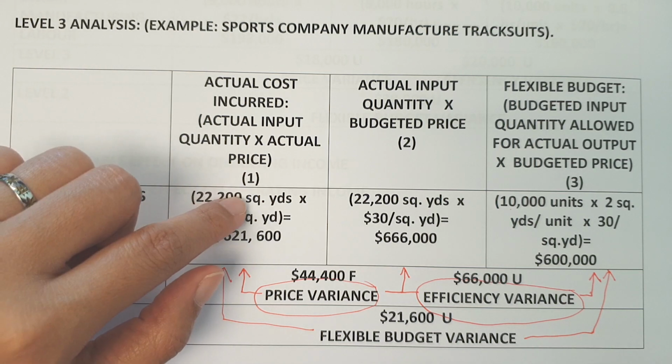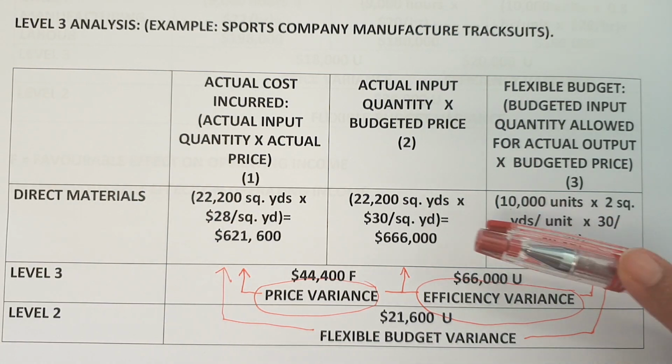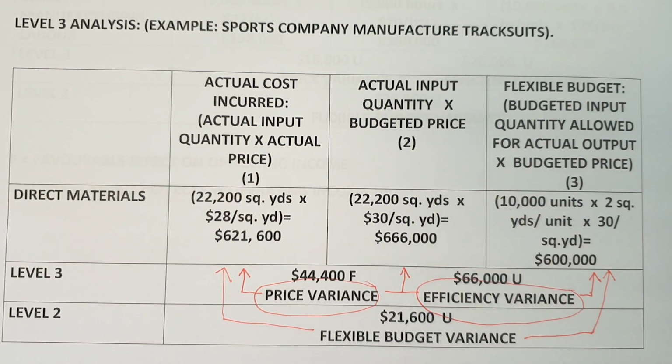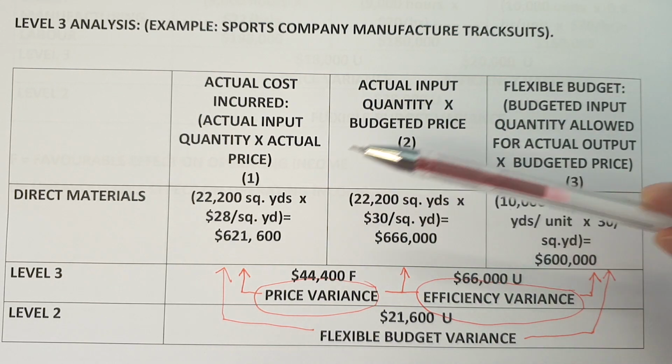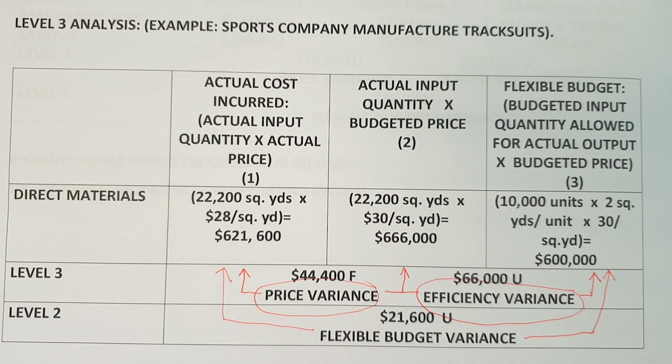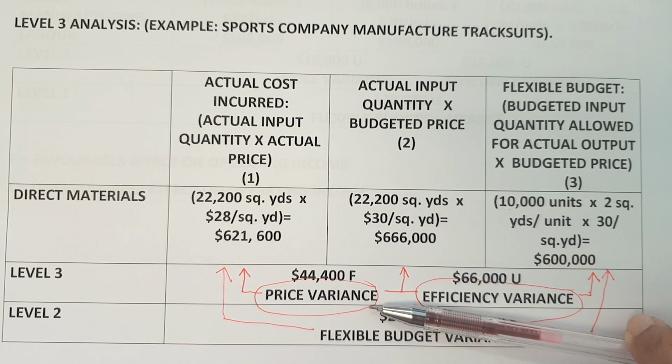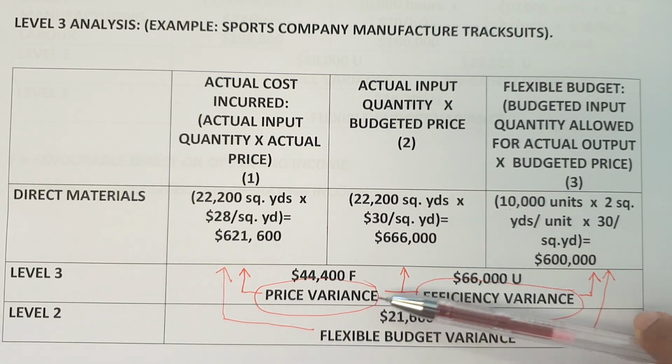Look at column 1 and column 2 first. This is just a format, so you can simply follow this format in answering this type of question: columns 1, 2, 3. Column 1 and column 2 are about the price variance that we are going to calculate.